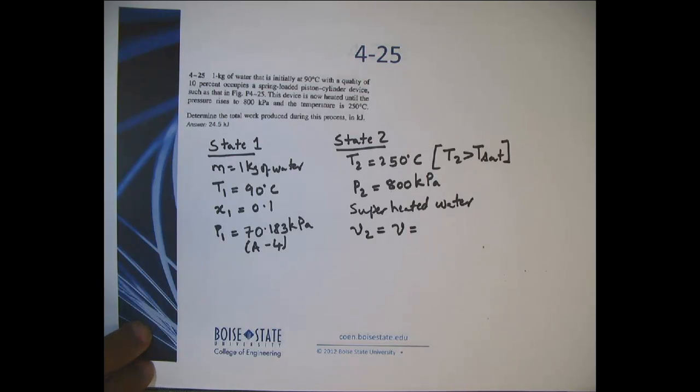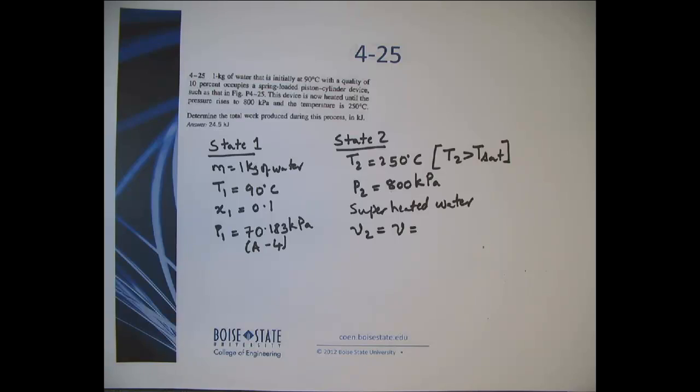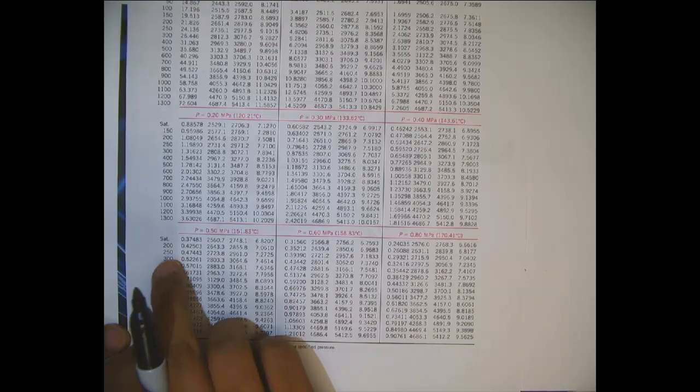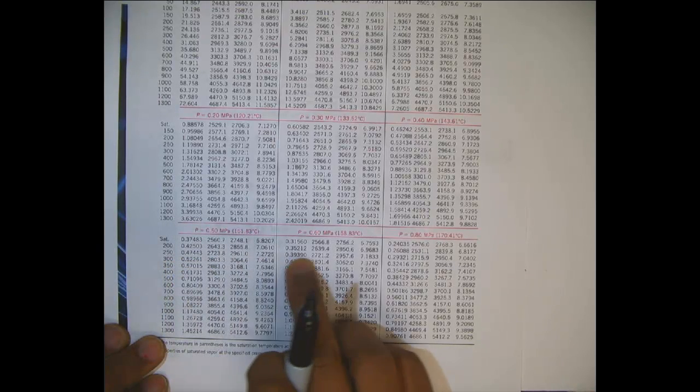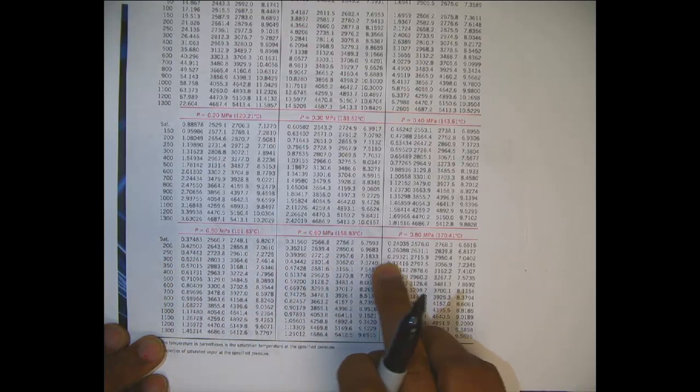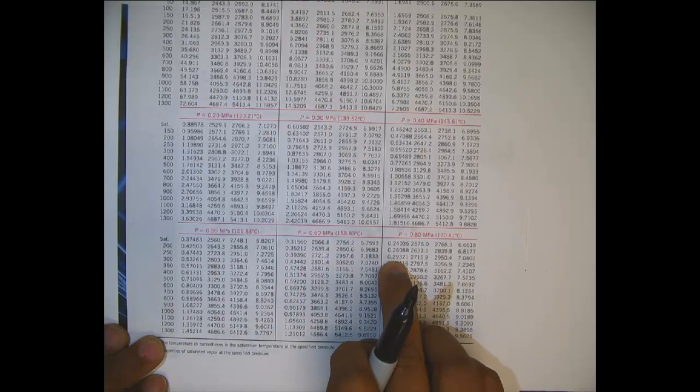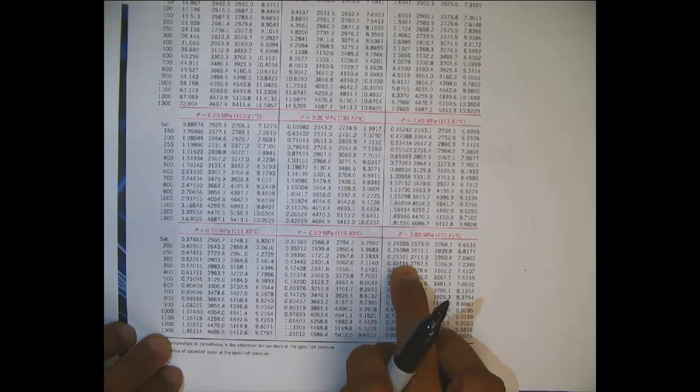So the pressure is 800 kilopascals or 0.8 megapascals, and you're given a temperature of 250 degrees centigrade. So go across this line and you'd end up with your V in cubic meter per kg, which is 0.29321.